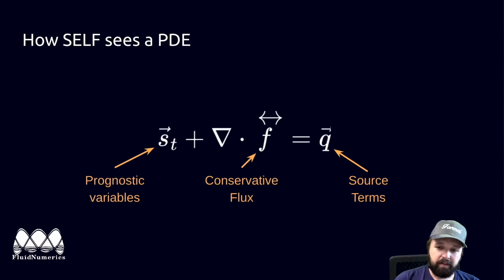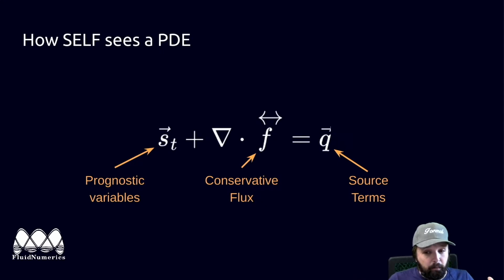The other way SELF sees the world, now that we have this general sense of how we describe geometry, is that we want to cast a generic conservation law onto that geometry. The way we abstract away a lot of things for you is to view the world in terms of this standard equation: the time rate of change of some prognostic variables, plus the divergence of a conservative flux, has to be balanced by some source terms.